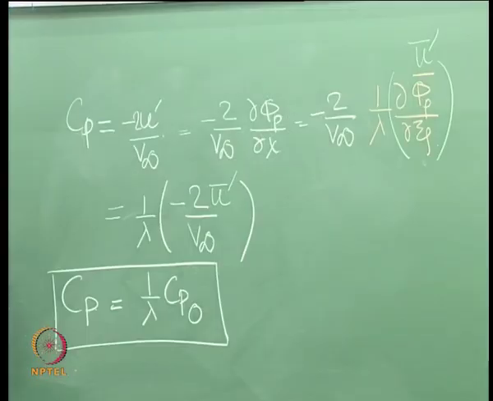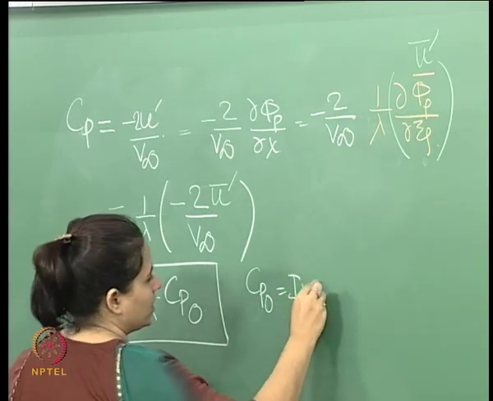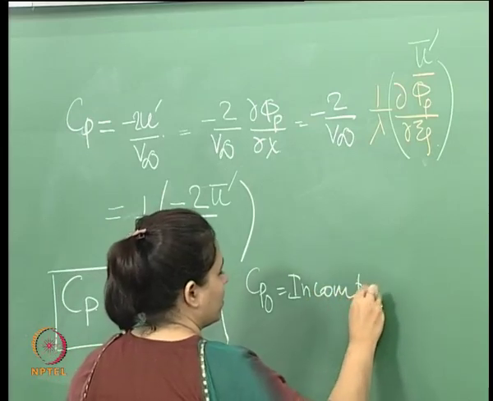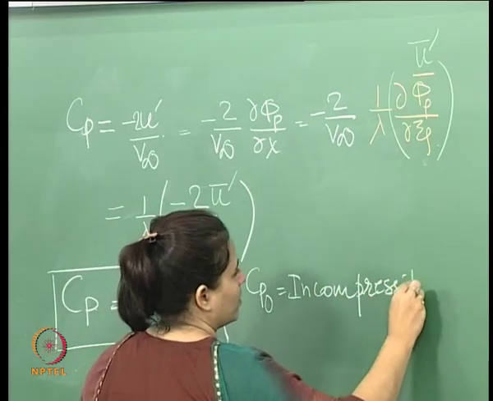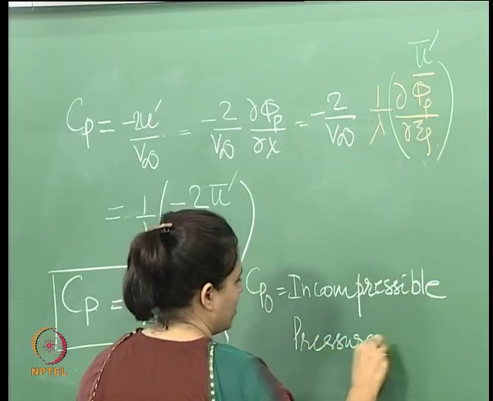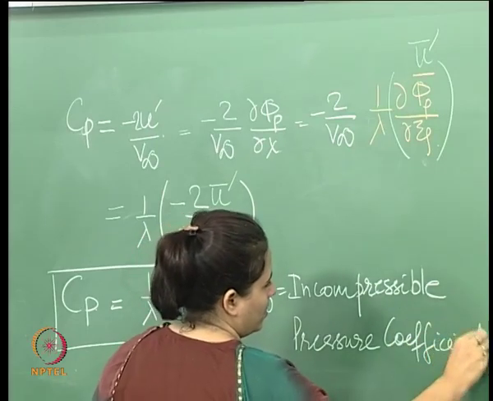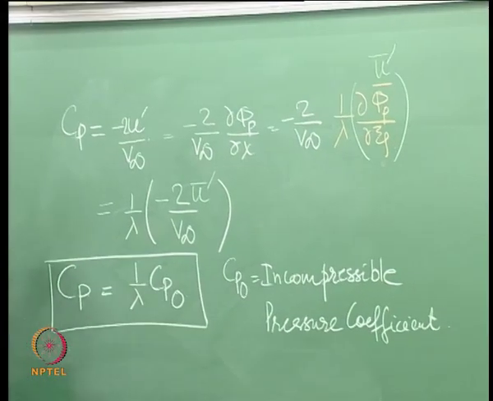the compressible pressure coefficient is basically given as 1 by lambda times Cp naught. Okay. So, lambda is basically the transformation used, and Cp naught is the incompressible pressure coefficient, right.